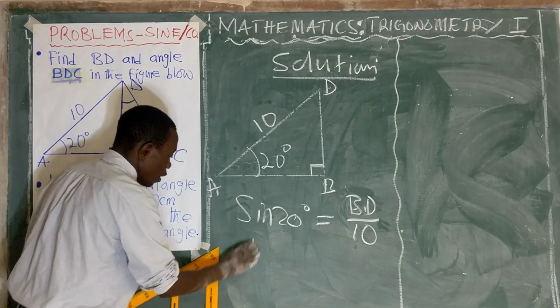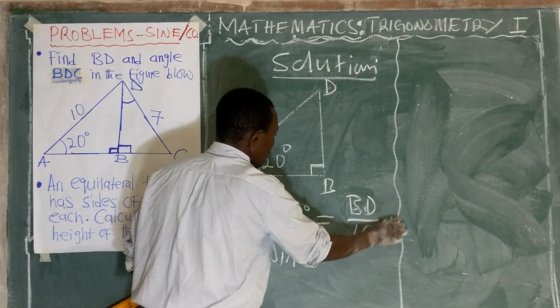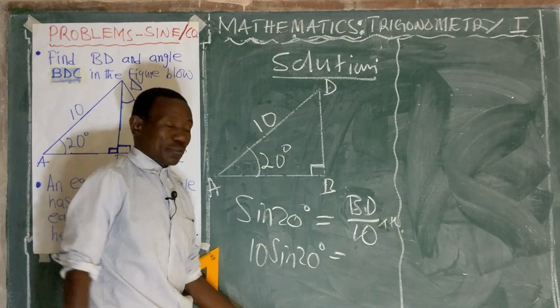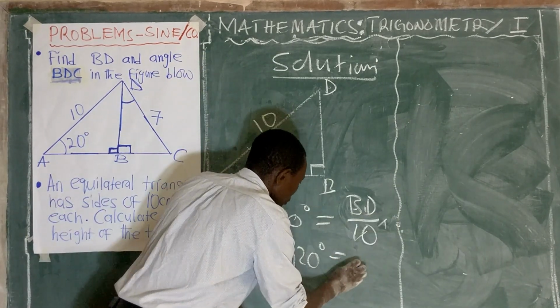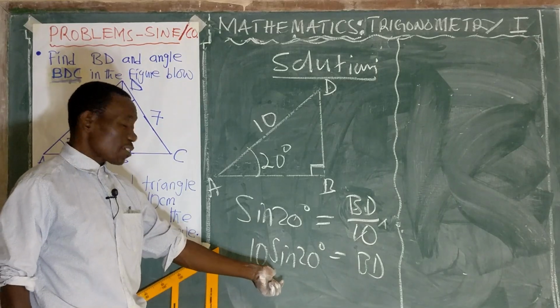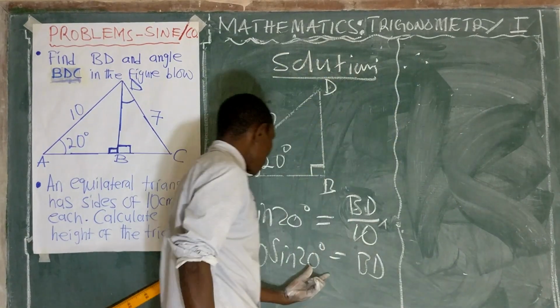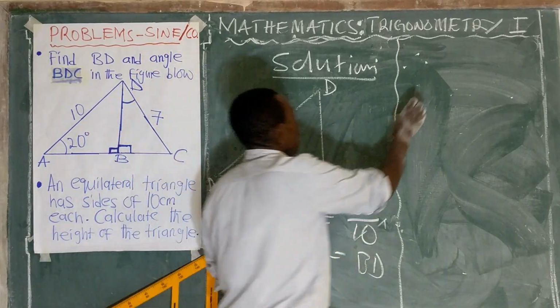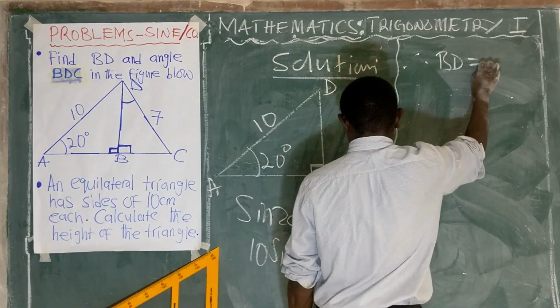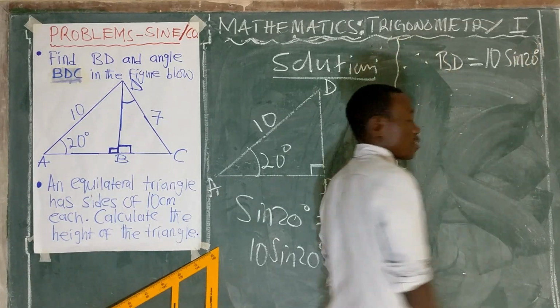Here times 10, you have got 10 sine of 20 degrees. Here times 10, the 10 and 10 cancel. And the answer you have there is BD equal to 10 product sine 20 degrees. Therefore, BD is equal to 10 sine 20 degrees.